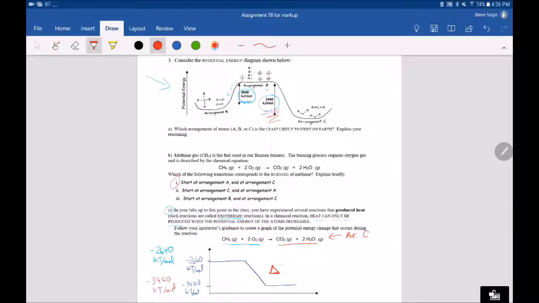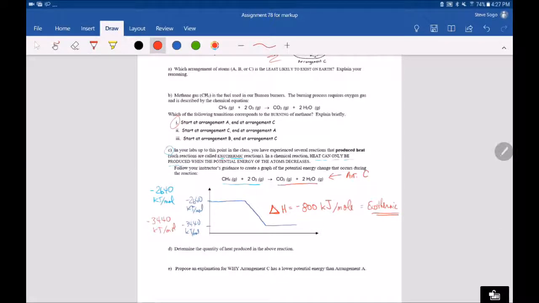And we can put a letter H here and express the difference as negative 800 kilojoules per mole. Notice I wrote a negative sign because it's downhill. That expresses the fact that this is exothermic, and this tells you the amount of heat produced, which you can see is relevant.